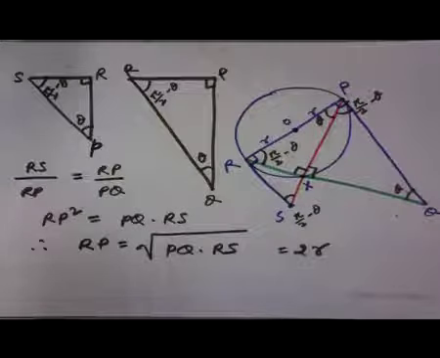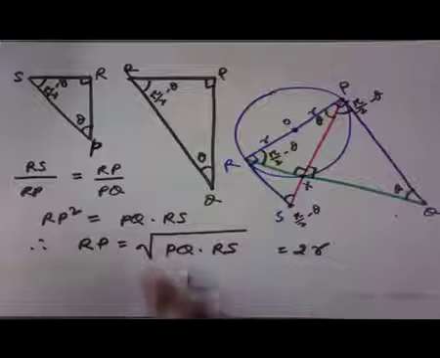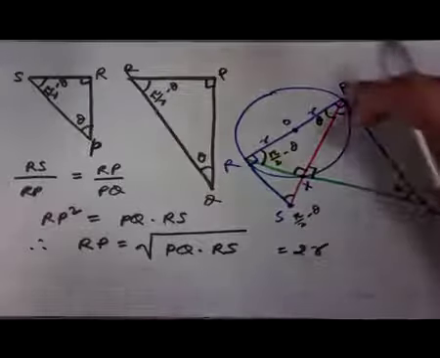So, this basically shows that the diameter is nothing but the square root of the product of the length of these two tangents. So, and that is basically option A.